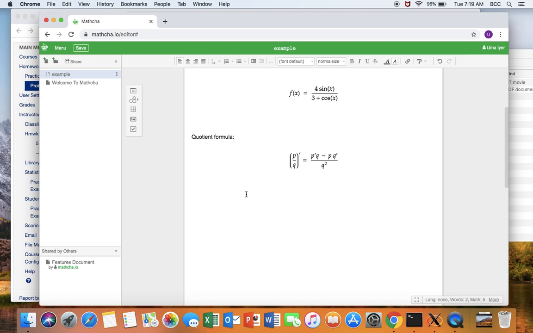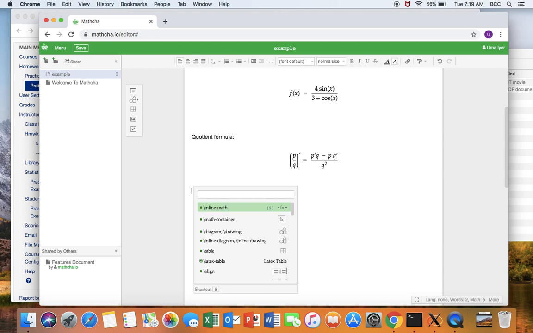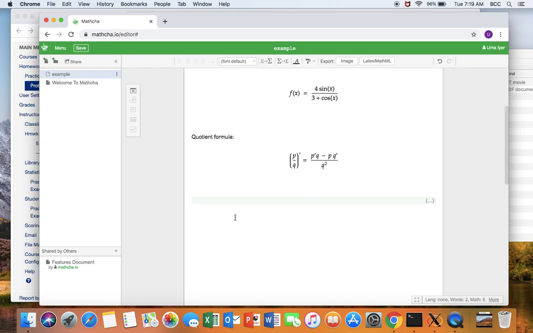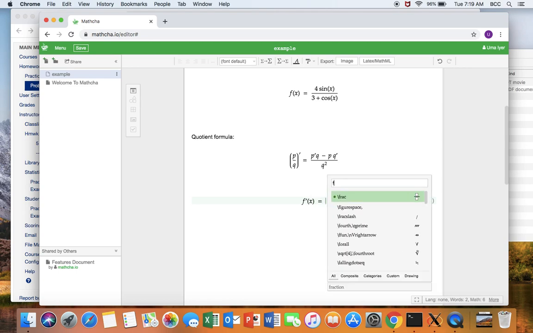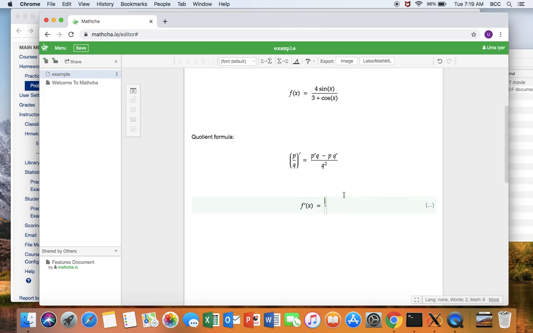Now going back to our expression here, the function f(x) is 4 sine x by 3 plus cosine x. So what is the derivative of f? I will use math mode again. So f prime of x is a fraction where the denominator is easy.